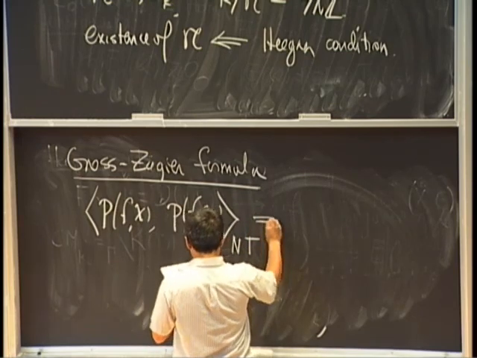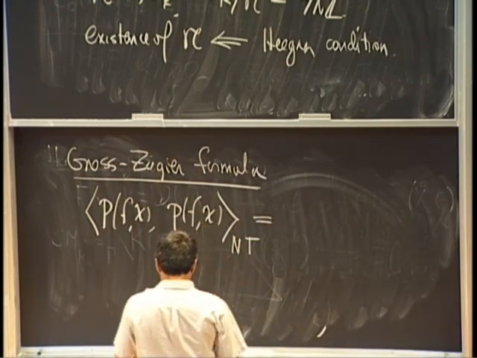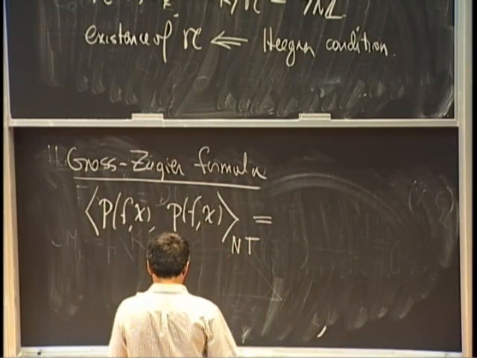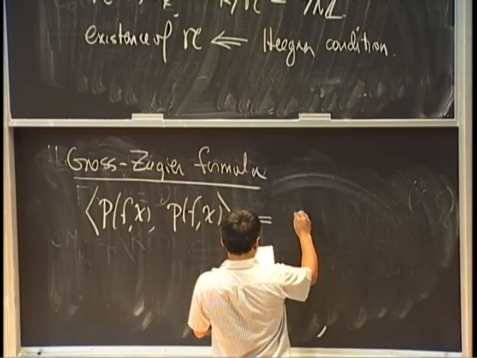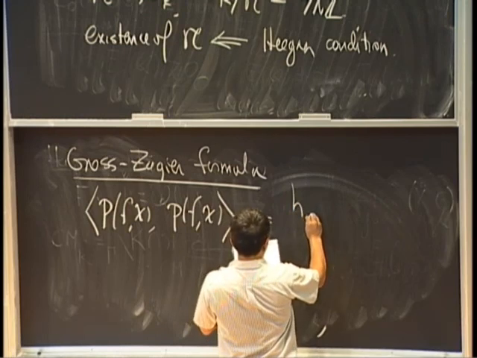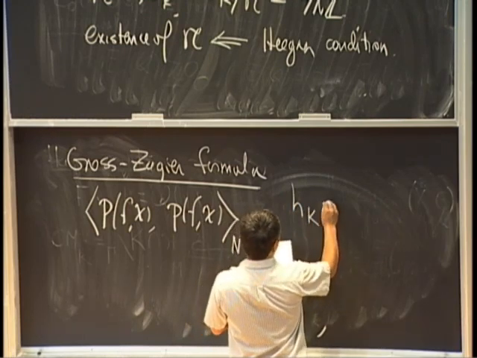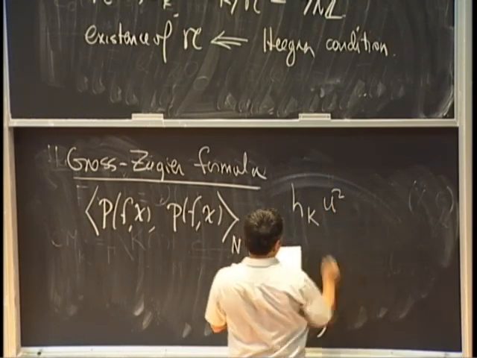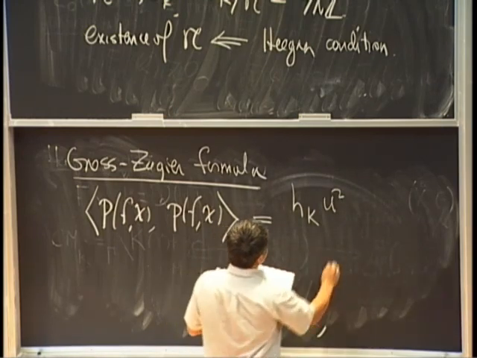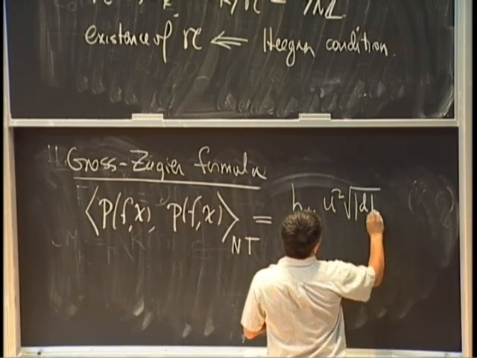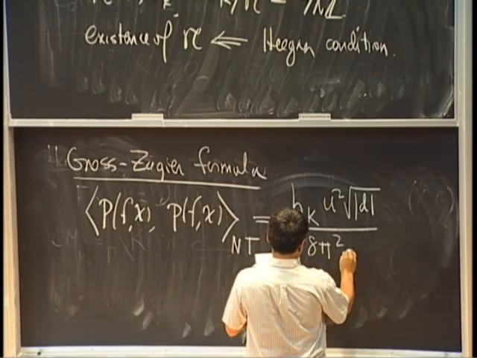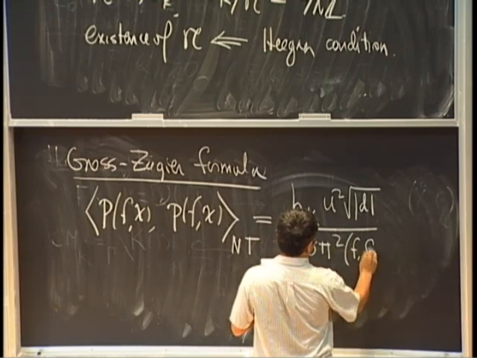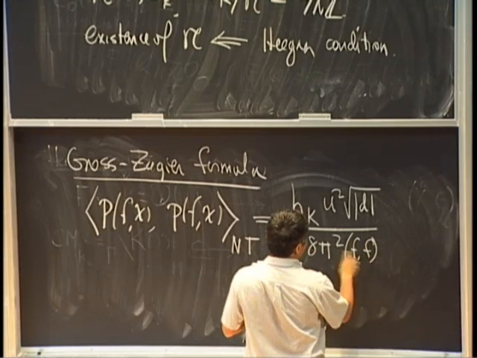This is equal to, this is called h_K, a class number. This is a half of u squared, the units there, divided by 8 pi squared of the Petersson product.